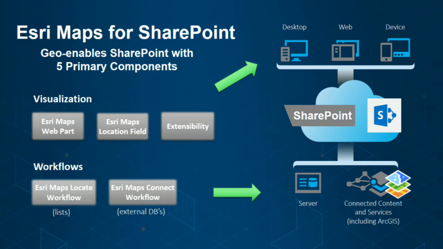You can configure it so that it will always be watching: it'll do that initial geocode, it'll geo-enable all your data, and then, if you set it up to do so, it will continue watching that list for additions or edits or modifications, and it will keep that list up to date with the right geometries and the right information. That is really a pretty powerful thing. It keeps your SharePoint data, which is potentially always updating, always living, always moving, up to date and geo-enabled, and if you've added that to a map, your map's always going to be up to date.